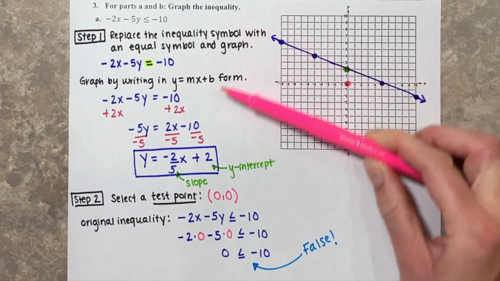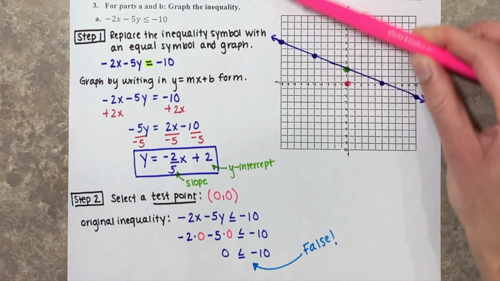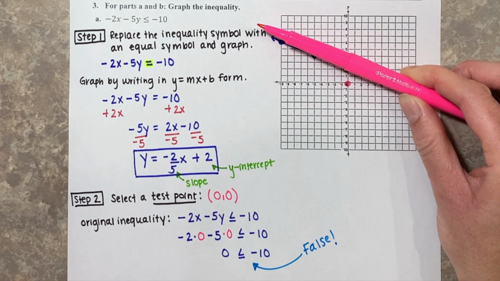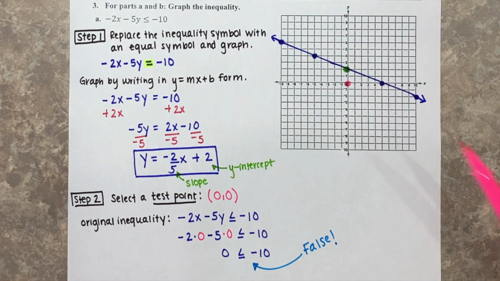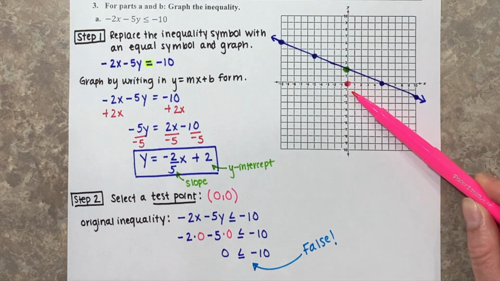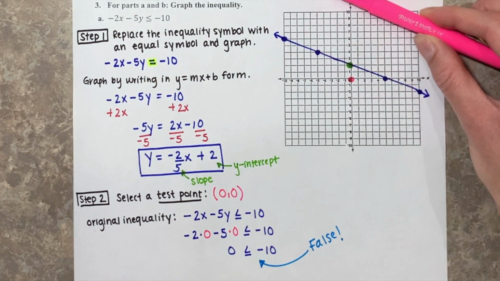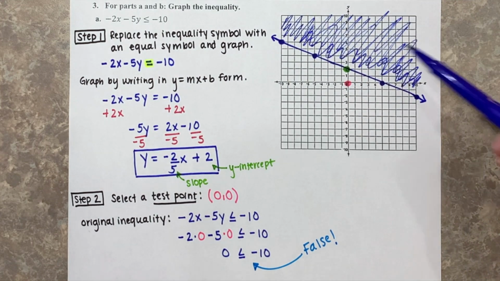Then we should shade below the line. Or are the ordered pairs above the line solutions? Because then we should be shading above the line. Well, we just found that 0, 0 is not a solution. So since this is not a solution, the solutions must be above the line. So I went ahead and shaded above the line.